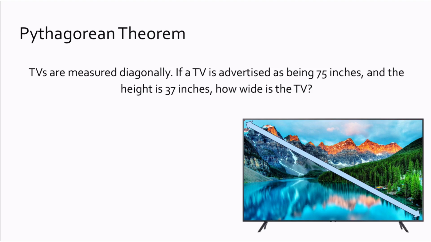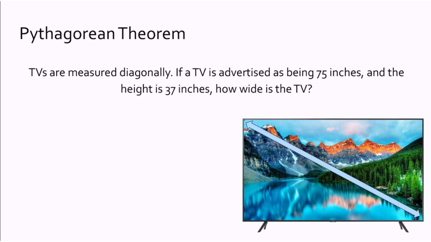All right, so when we measure televisions, they're actually measured diagonally. So if you're told that you get a 75-inch TV, it's actually 75 inches from one corner to the diagonal corner. So let's say you're buying a TV and you see a 75-inch TV, and you know that the height of the TV is 37 inches.